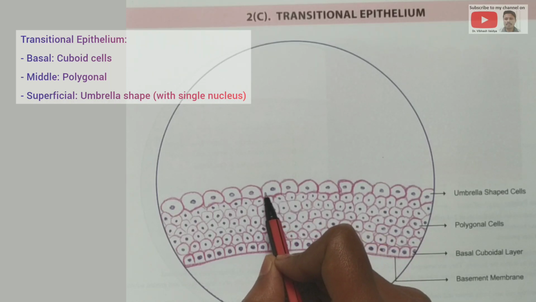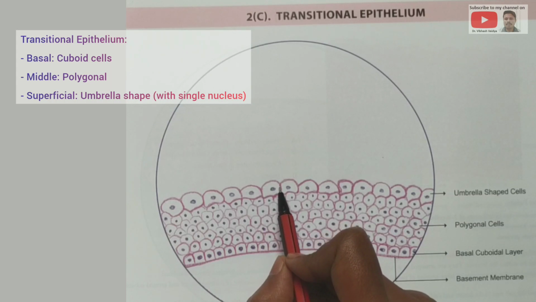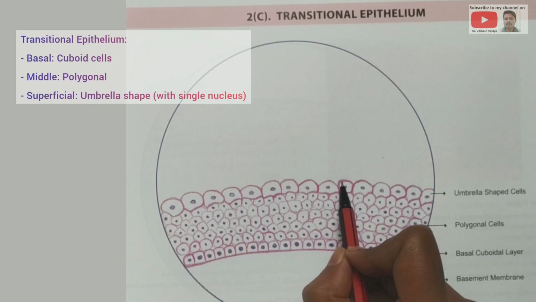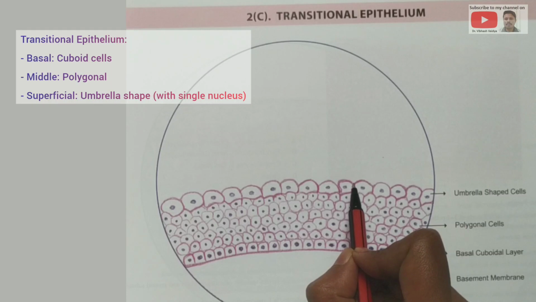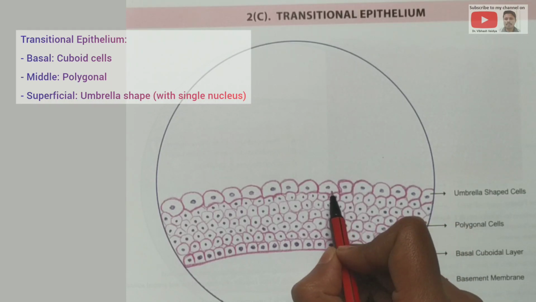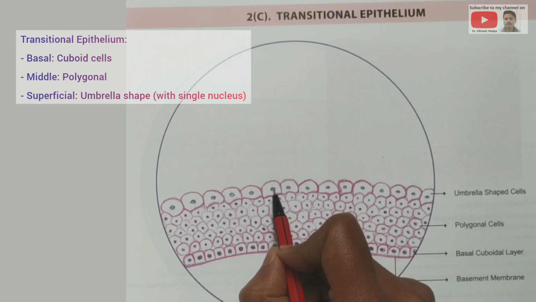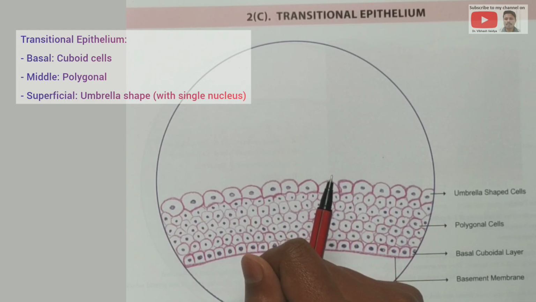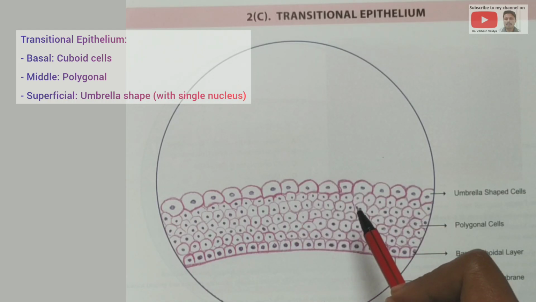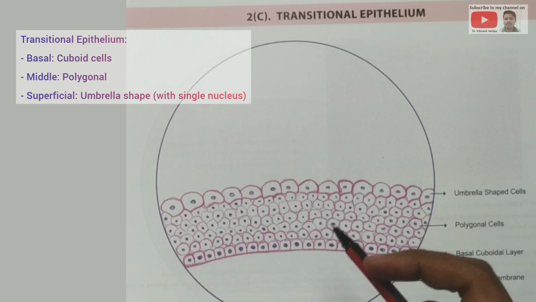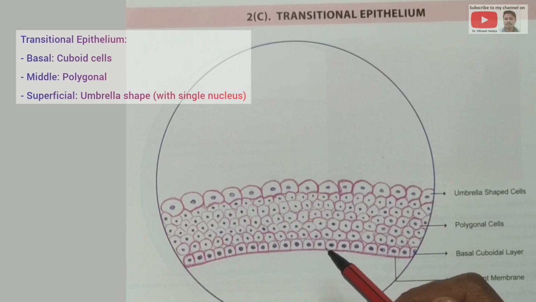And the superficial layer is made of large dome-shaped or umbrella-shaped cells with a single nucleus. You can appreciate here at the center it has a single nucleus. The unique feature of this epithelium is stretchability, as we have already discussed. This transitional epithelium can be found in two states, stretched or unstretched condition.